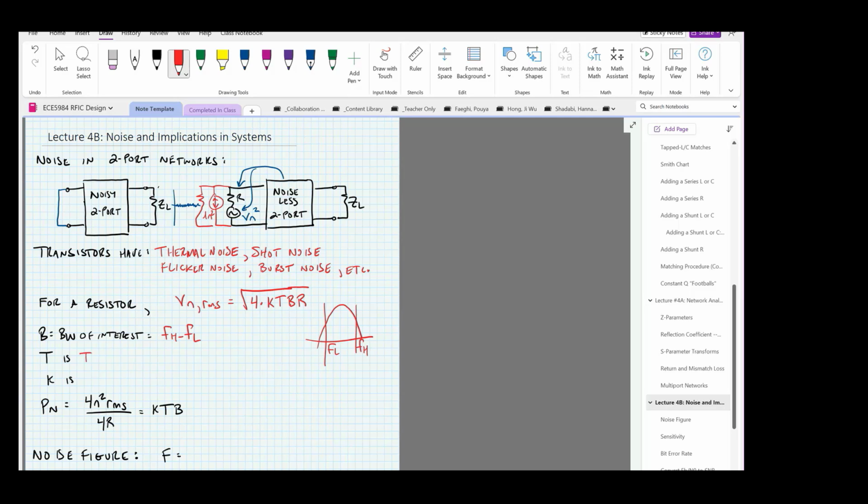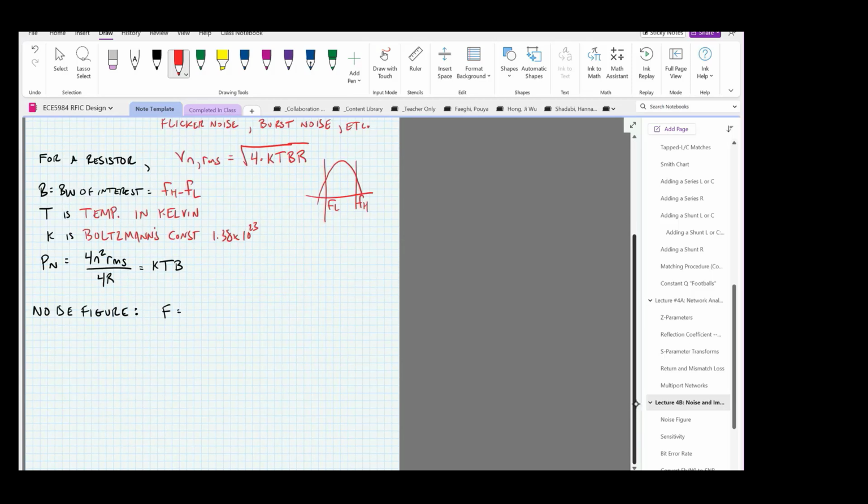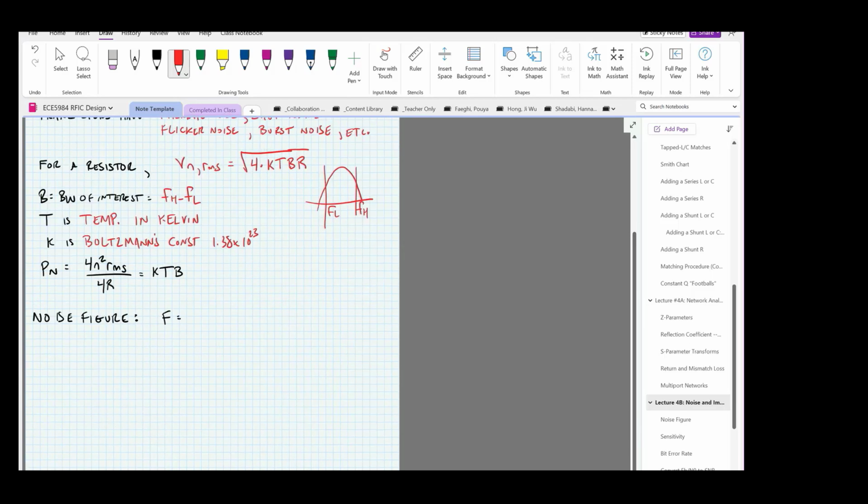T is the temp in Kelvin. K is Boltzmann's constant. It's 1.38 times 10 to the minus 23. Oh yeah, minus 23, sorry. That would be a lot of joules per Kelvin.